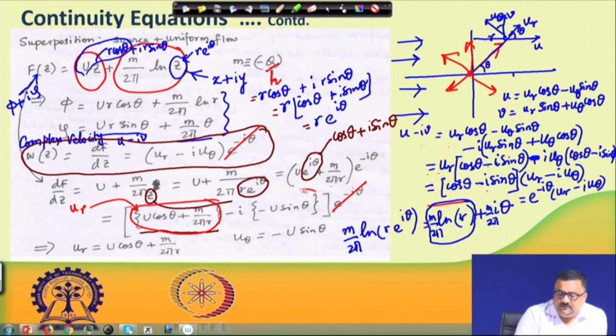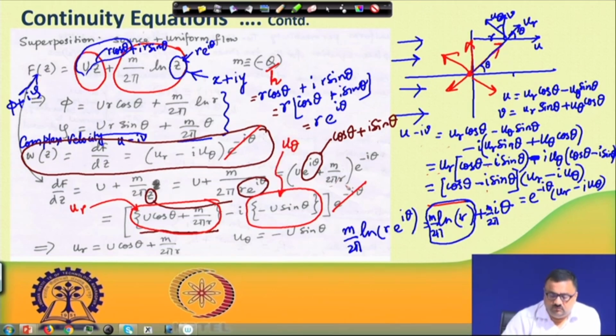So, this is becoming the u theta, right. So, this term becomes u theta. So, I could equate this whole thing. I could, in fact, clear up the space a bit.